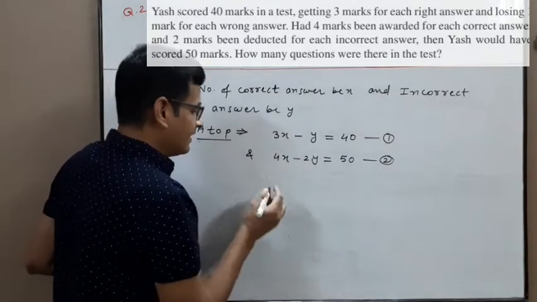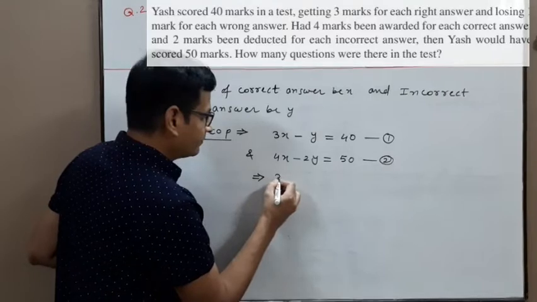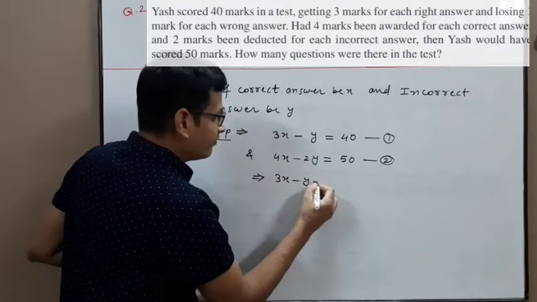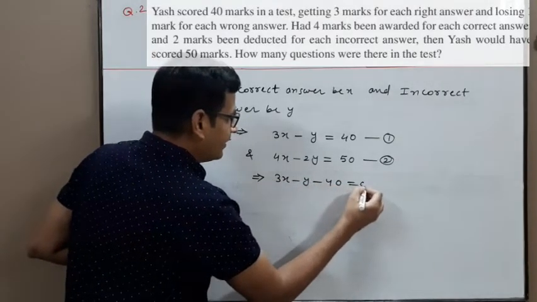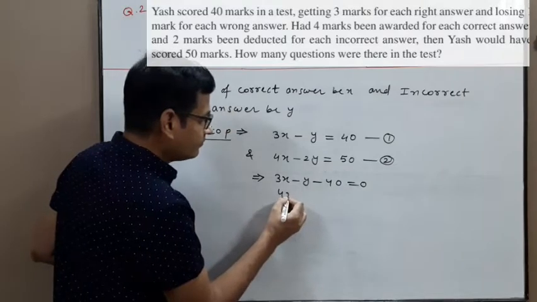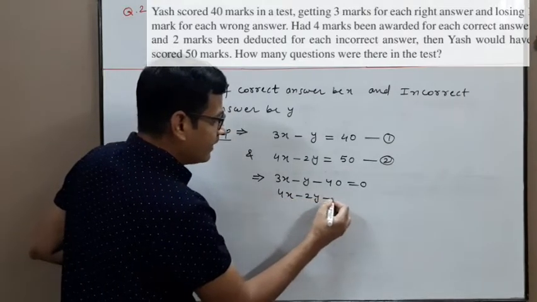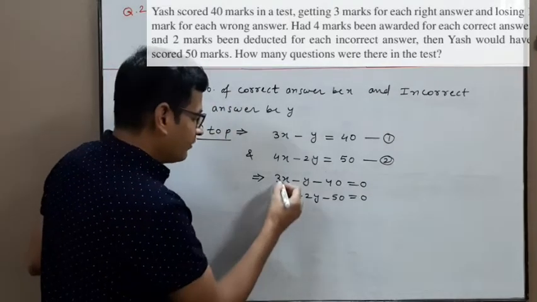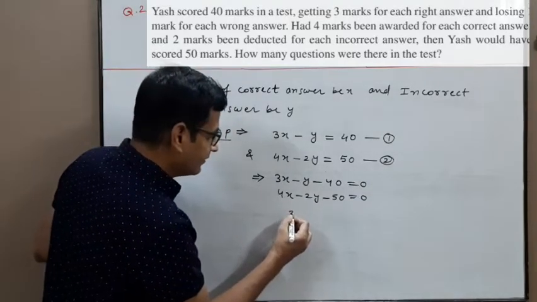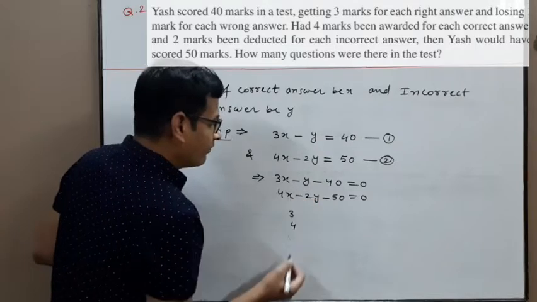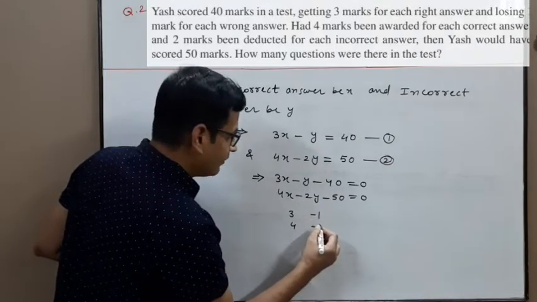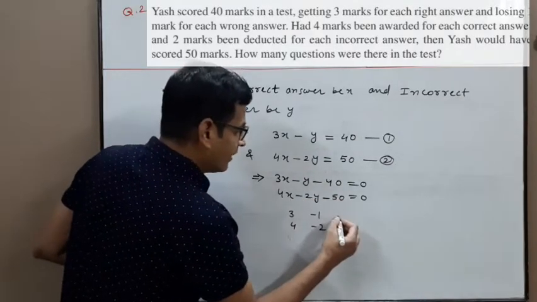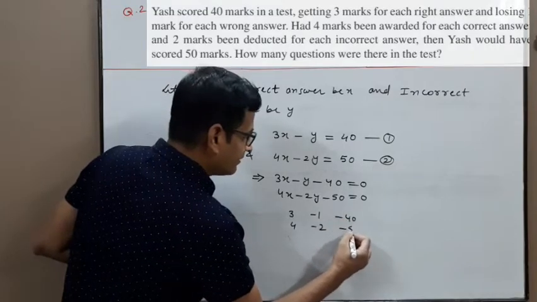So first rearrange: 3x minus y minus 40 equal to 0, 4x minus 2y minus 50 equal to 0. Now write the coefficient of x: 3, 4; coefficient of y: minus 1, minus 2; and minus 40, minus 50.